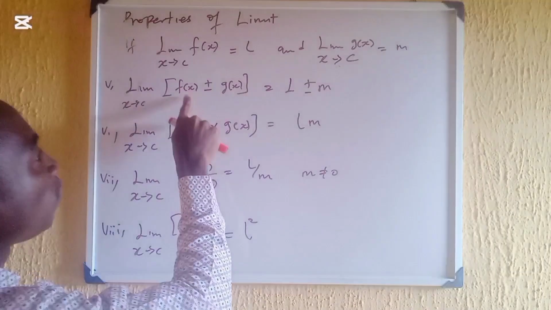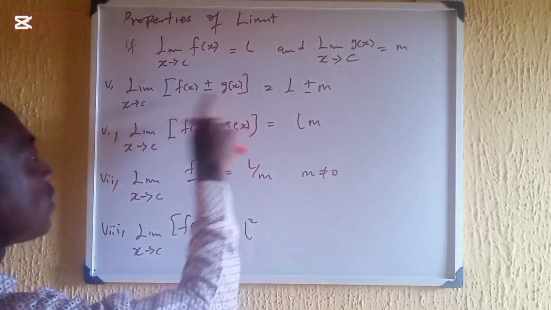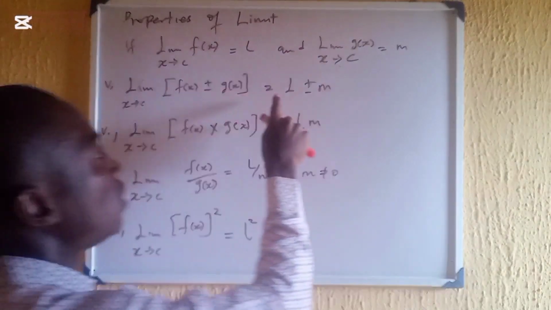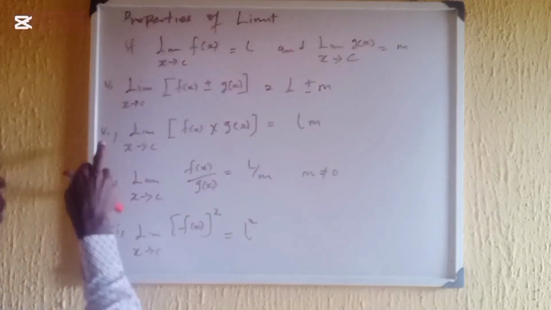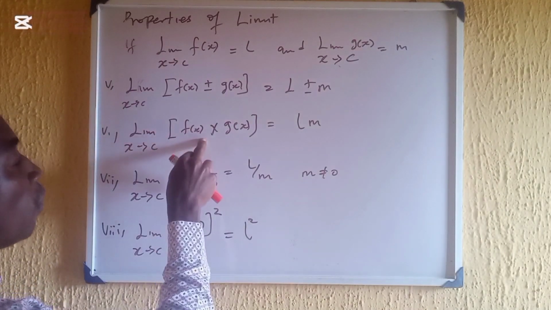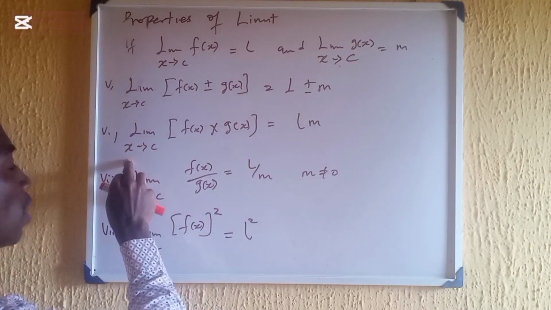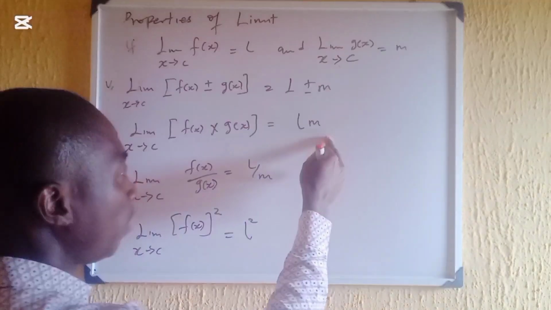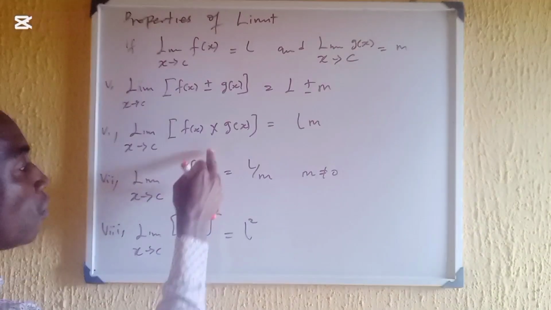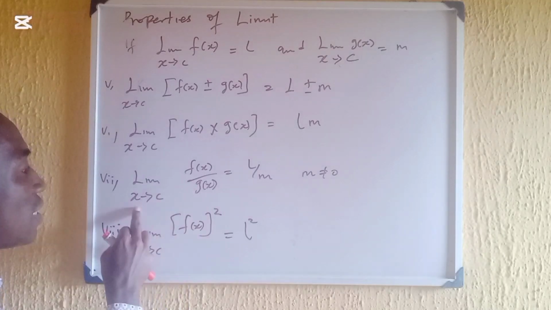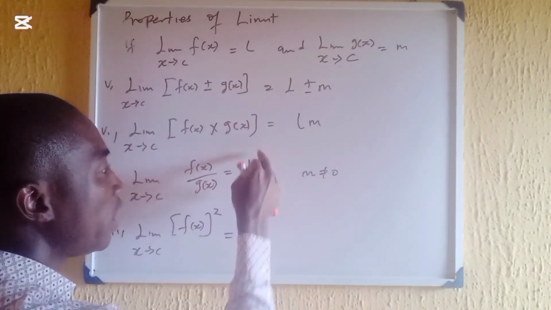And the limit of f of x minus g of x as x approaches c is equal to L minus m. Now for the sixth one, limit of f of x times g of x as x approaches c is equal to Lm. Then for the seventh one, limit of f of x over g of x as x approaches c is equal to L over m.